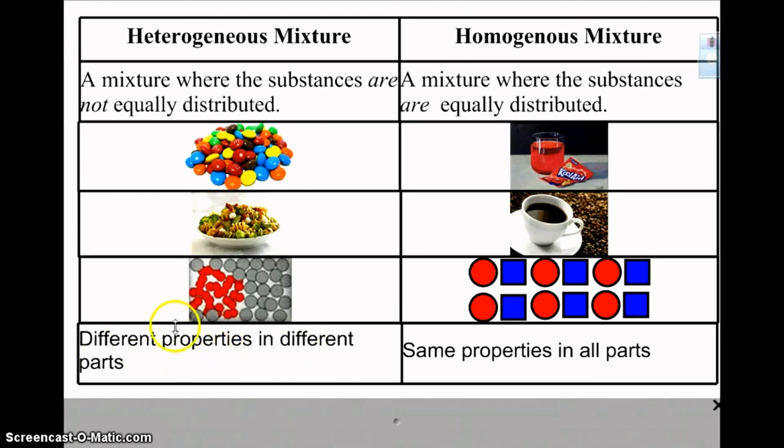On the other hand, homogeneous mixtures are going to have the same properties. Once these things mix, they become one homogeneous mixture, and they're a little more difficult to separate, and they have the same properties in all parts of that mixture, not just in certain sections.